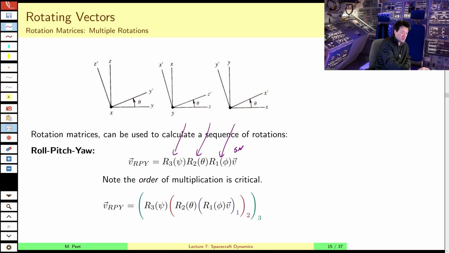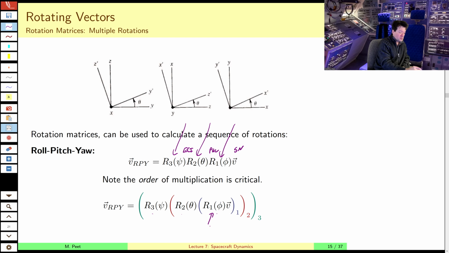So if we're going satellite normal to PQW to some intermediate coordinate system to ECI, what does that look like? What order do we apply these rotations in? So for a vector, we may recall, if we're doing a roll, pitch, yaw rotation, for example, the order of the rotations is not the order in which the matrices appear.